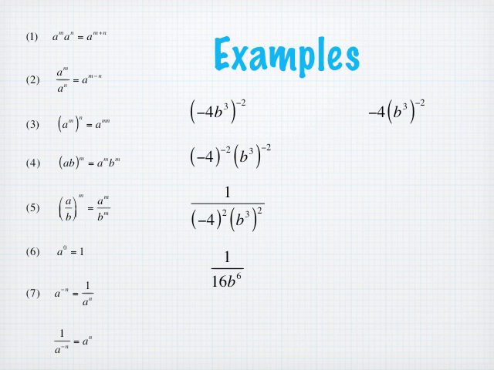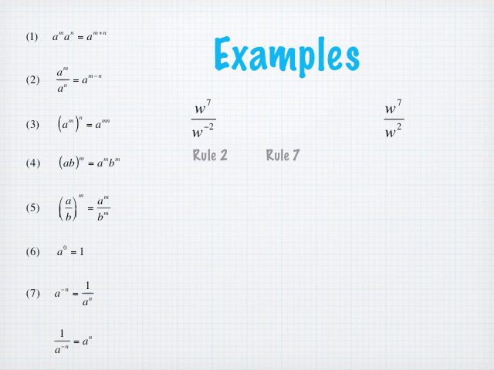It will not move the negative 4. Negative 4 stays, and the b cubed squared goes to the bottom. The negative on the negative 4 doesn't move it. That's just a negative number, not a negative exponent. My b cubed squared is just b to the sixth. So those are our first examples. Let's do a few more.